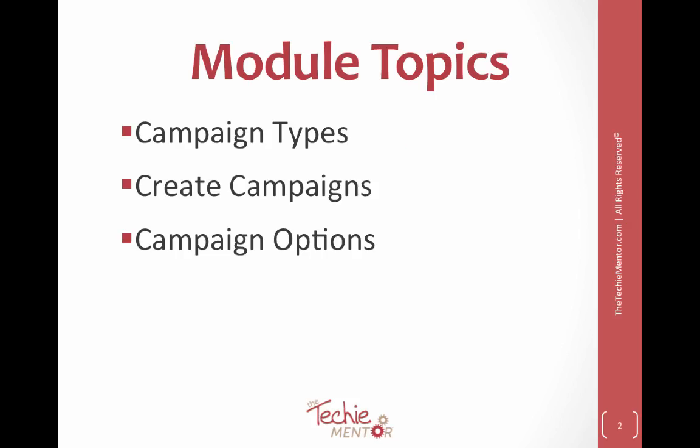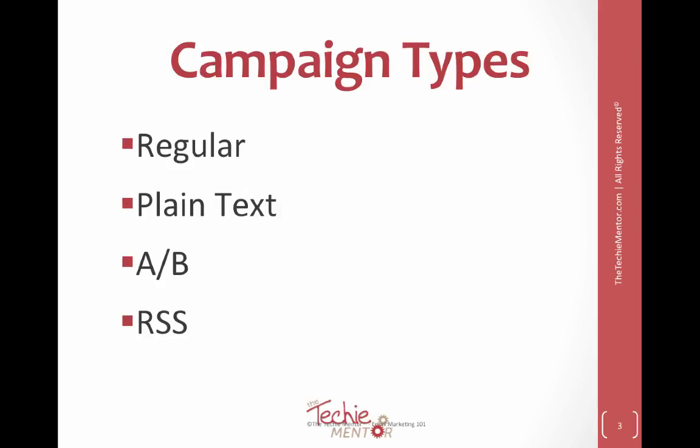Okay. So our topics for this module are campaign types, how to create campaigns, and the different options that you have when it comes to campaigns. So starting with campaign types, there are 4 different types. Regular is the one that you're going to use 99% of the time, right? It's really the one that you want to use for the templates that you've created, for instance, for things like e-zines, for broadcast messages.